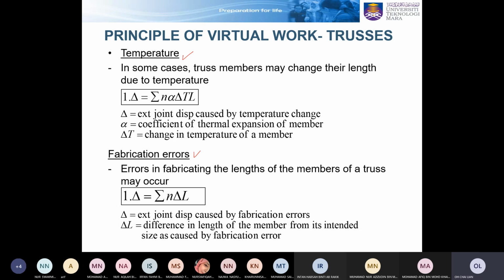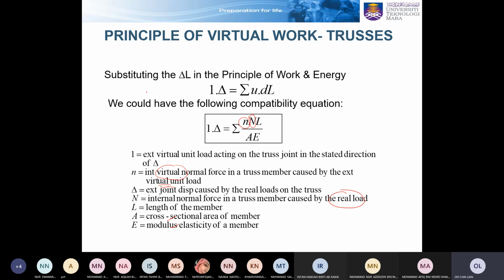This temperature change and fabrication error are not that significant in other structures like beams and frames. But from the examples later, I will show you that there will be obvious changes.